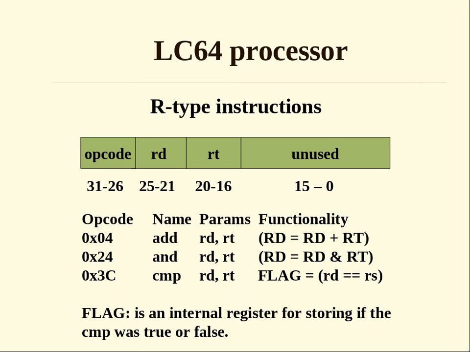And so that's add, and what it does is it reads the value of register RD and of register RT, and then sums them and puts them back into RD. That's all it does. And then we have and, which does a similar thing, except the operation is AND. And then we have CMP, which stores in a separate special register that I called flag whether RD is equivalent to RS.